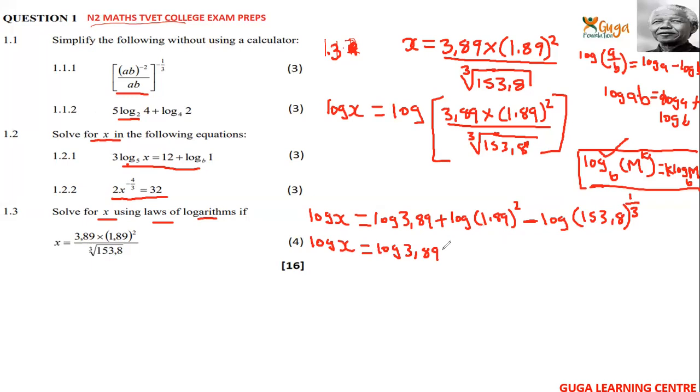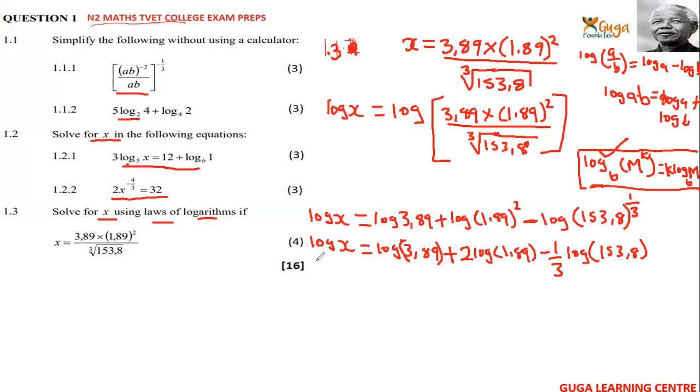So now here power down is going to be plus 2 log of 1,89 minus, also here you do the same, power down, minus 1/3 log of 153,8, right? Okay, so also here there's a bracket.